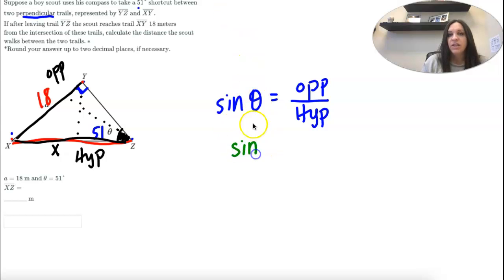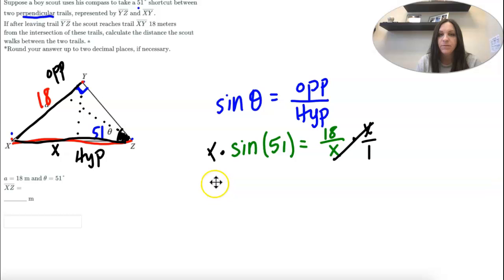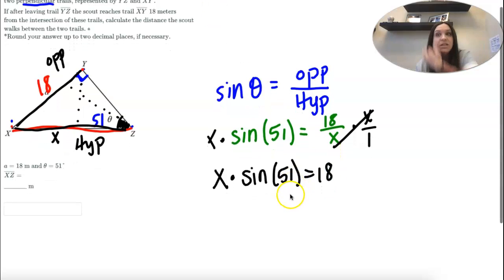So now let's fill in. Theta is the angle, that's 51. Opposite is 18. Hypotenuse is x. Okay, I have an equation. First step, multiply by the denominator to get rid of the fraction. They go away. So now I have x times sine of 51 equals 18. Alright, x is still not by itself.